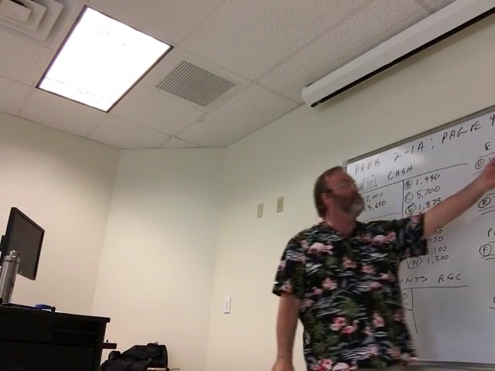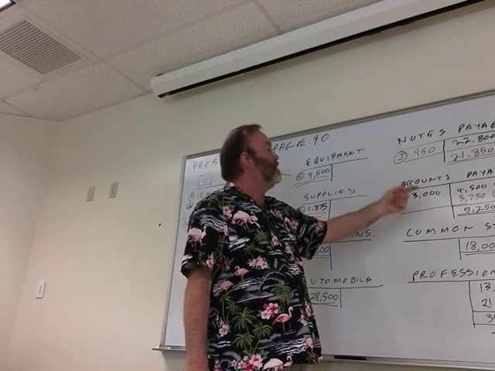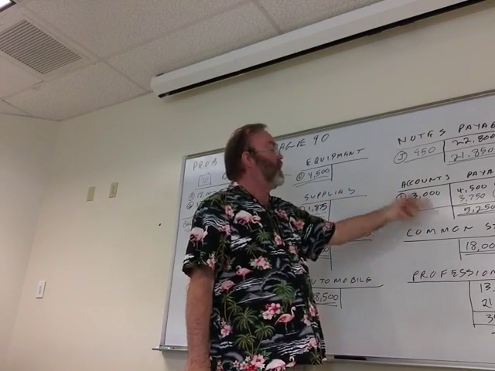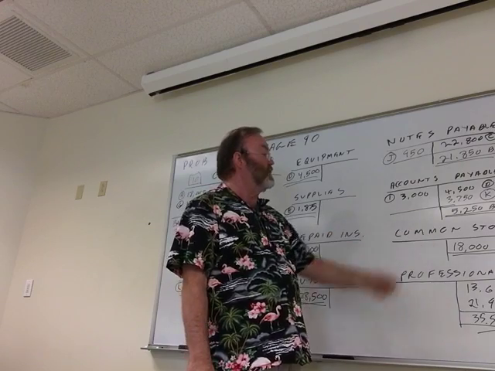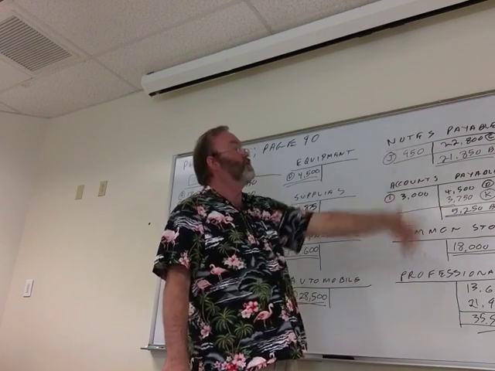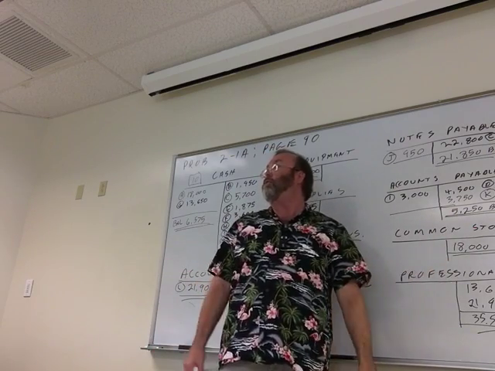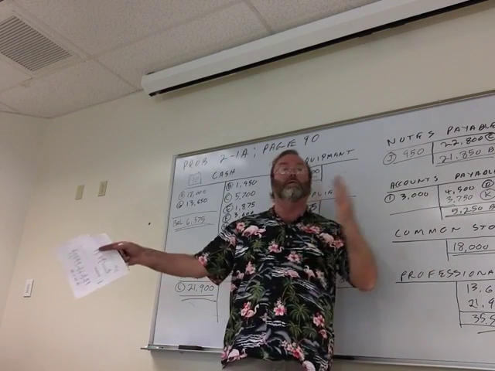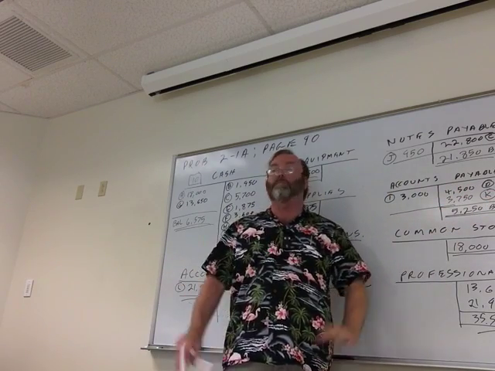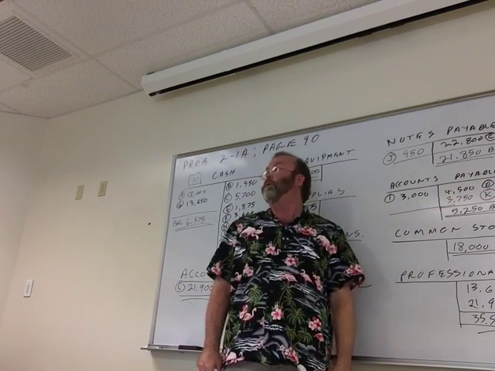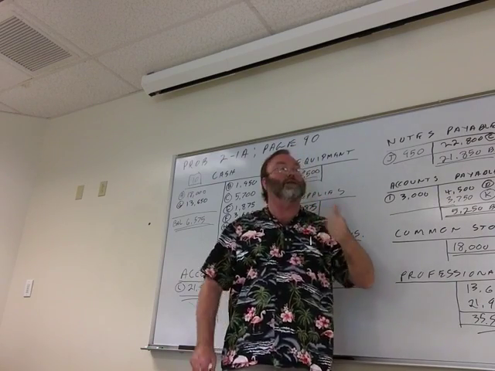Your liabilities are $21,850 in notes payable and accounts payable of $5,250. Stockholders' equity is $18,000 plus whatever net income calculated out to be. And at that point, the assets will equal the liabilities plus stockholders' equity, and your balance sheet will balance. And you'll have a big smile on your face next week because you must have done everything right.